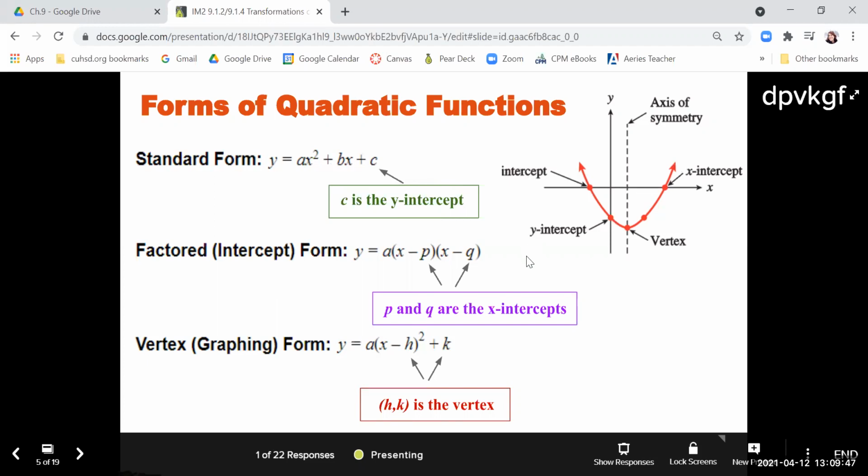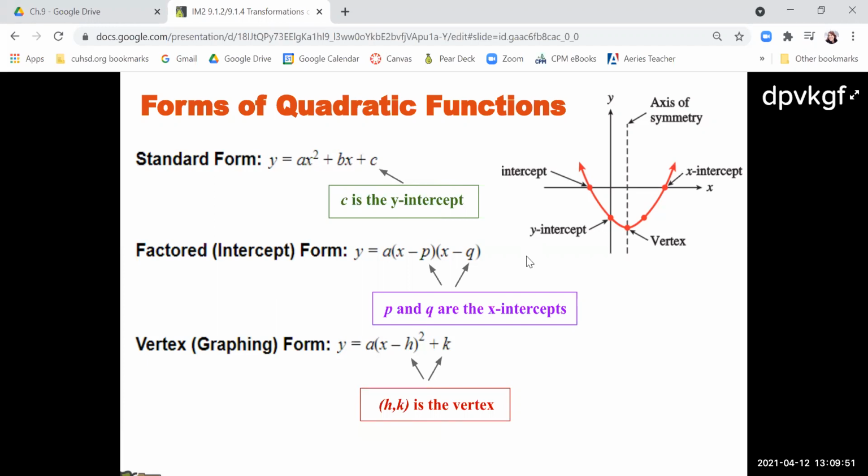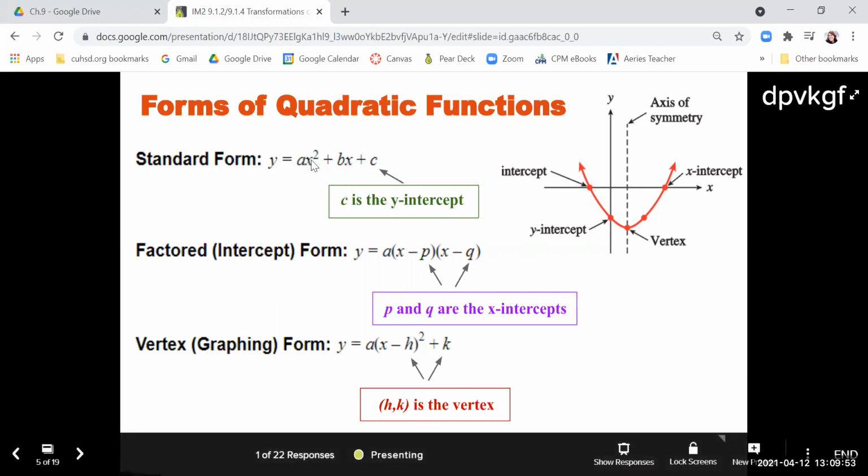Then we've also spent some time working with factored form, which is also called intercept form. And factored form is basically when you take the standard form and factor it, and then the two factors help us to identify the x-intercepts or the zeros of the graph. And we've done a lot of solving quadratics where we plug in a 0 for y and solve for x.